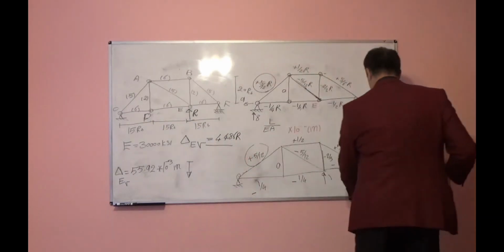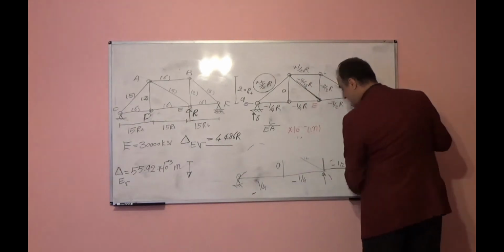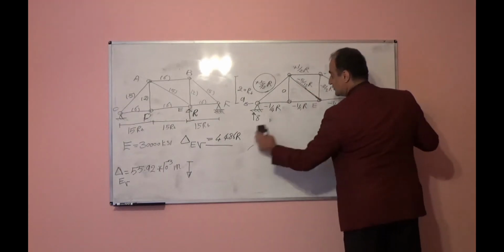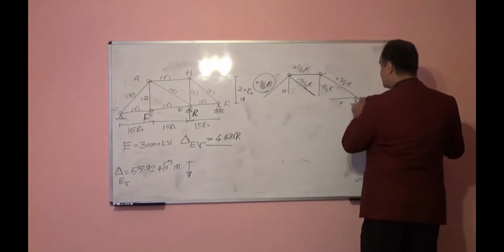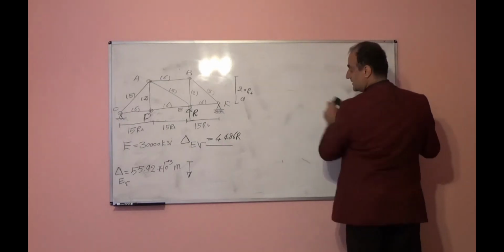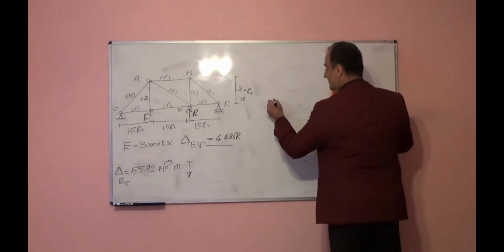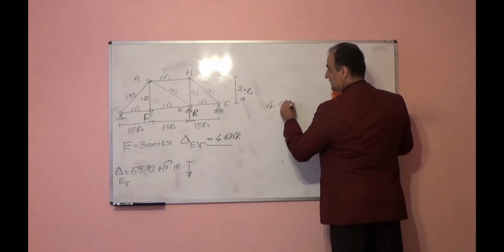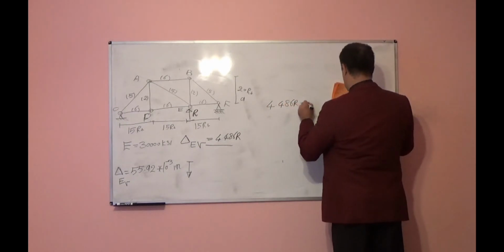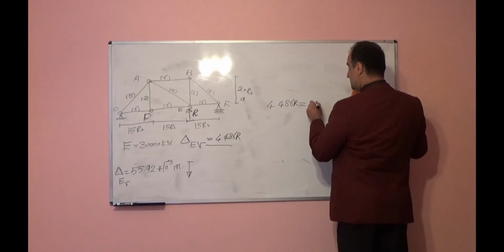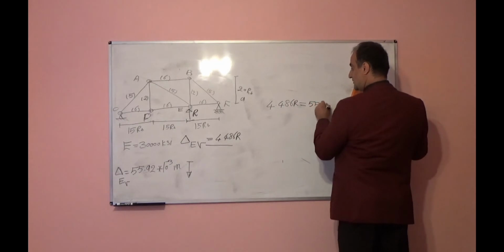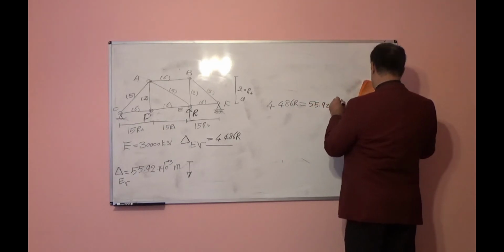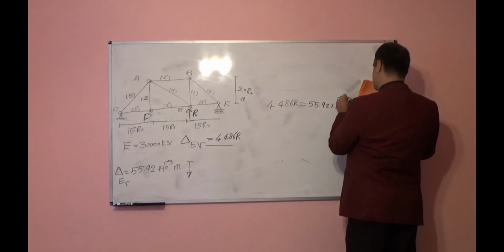So now we should set these equal. From there we can find R. If I put 4.486 R equal to 55.92 times 10 to the power of negative 3.